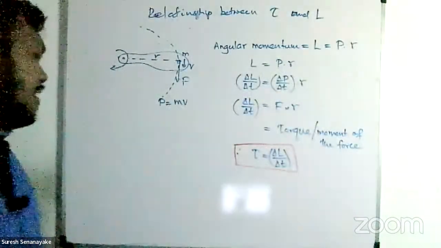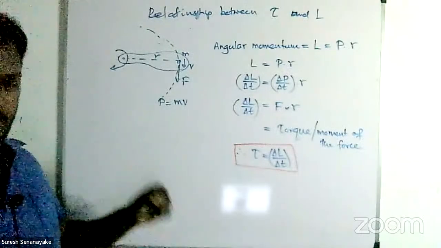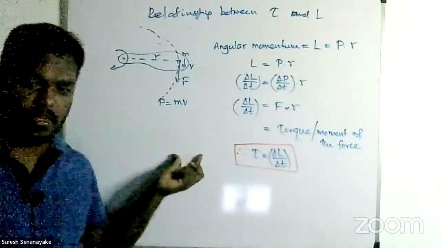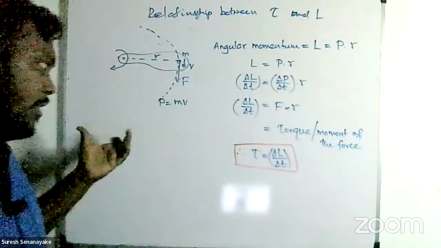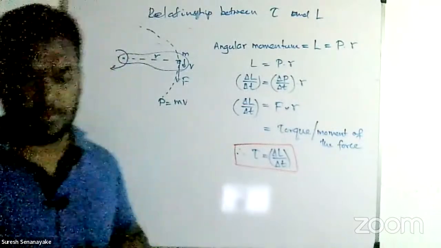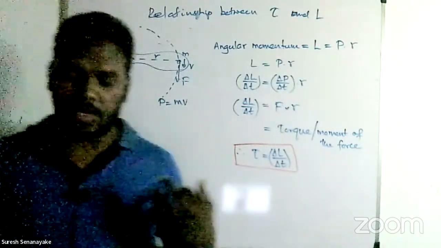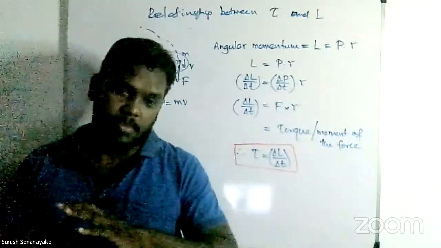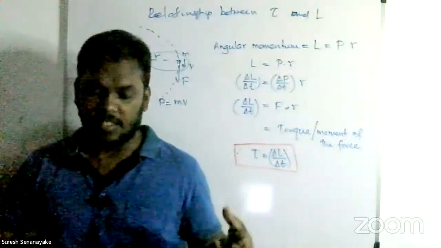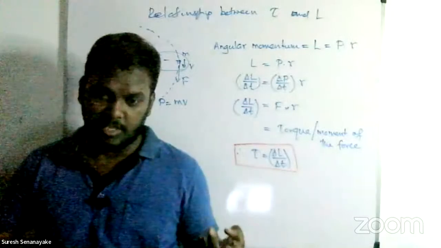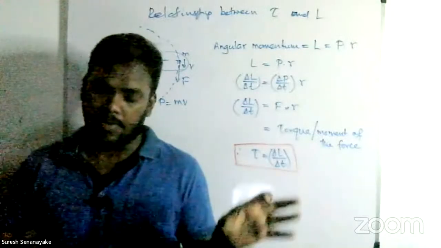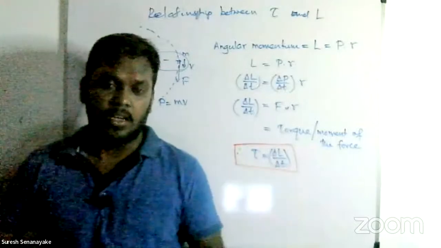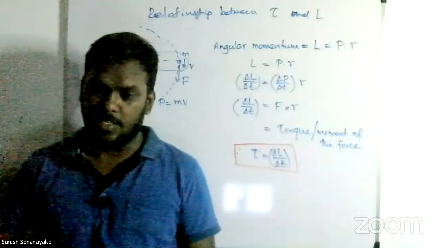We considered all these relations for a small, single particle. Then we can write it for rigid bodies, because for a single particle the moment of inertia is m r squared. But if you consider a rigid body, you can consider it as I, the moment of inertia. Different shapes of bodies have different equations to calculate the moment of inertia.